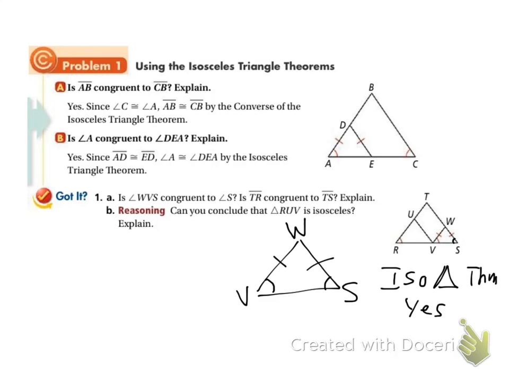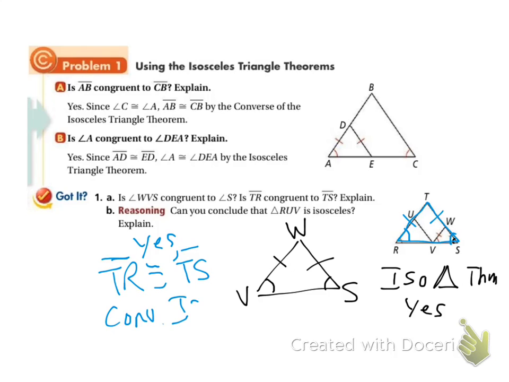So if I'm just looking at this big triangle, I have that my base angles are congruent. So using the converse of the isosceles triangle theorem, I can say that the legs are congruent. So, yes, TR is congruent to TS by the converse of the isosceles triangle theorem.